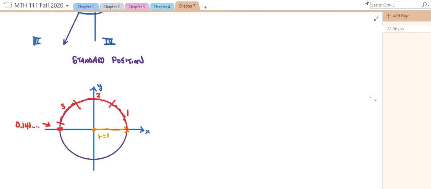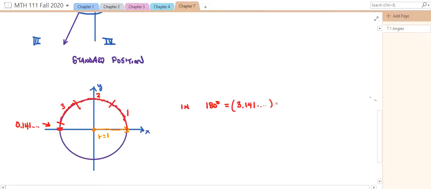So in 180 degrees, as we spin around a circle, this equals 3.141 and so on, times the radius.